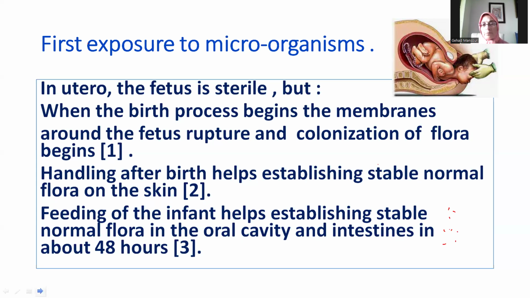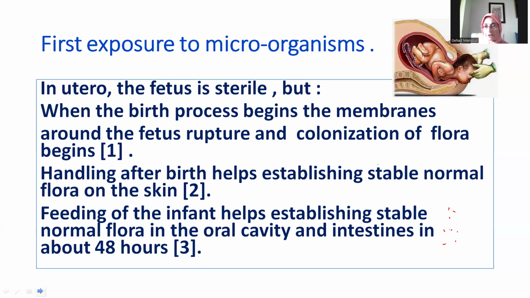The second way we acquire skin flora is from the environment. The air around us, and everything, is full of bacteria. Some of them are pathogenic, but they will not be able to stabilize themselves on the skin because of the presence of the friendly flora, and the friendly ones will stabilize.